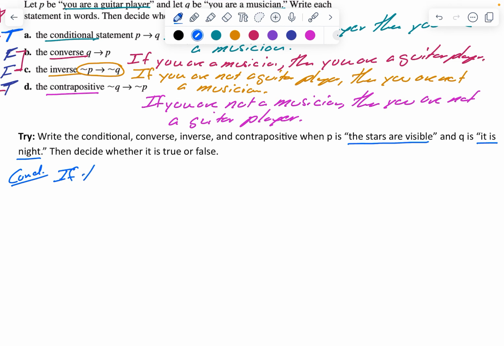If the stars are visible, and feel free to pause it and do it first, then it is night. I'm going to say true. If the stars are visible, it has to be nighttime.